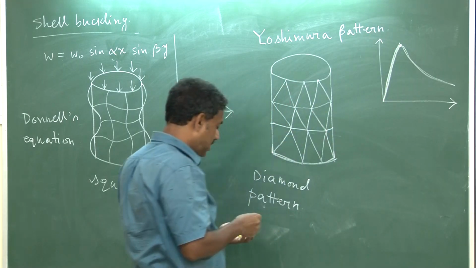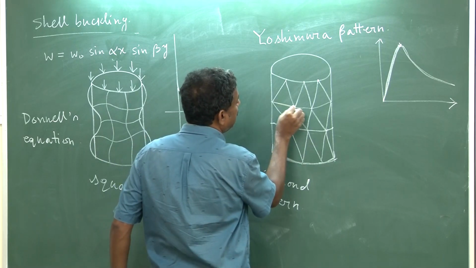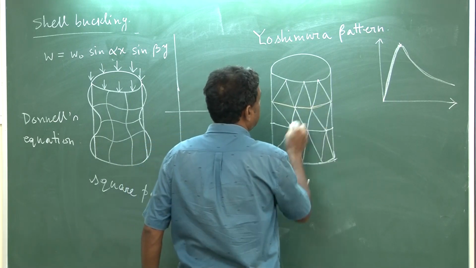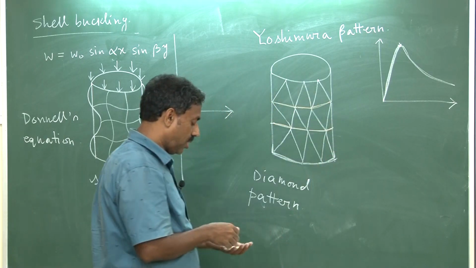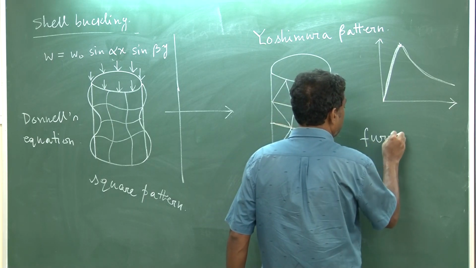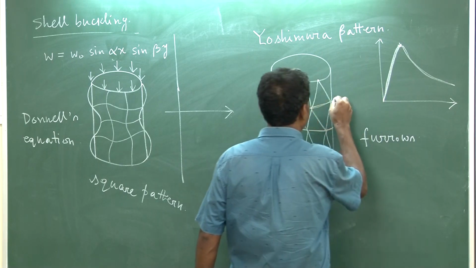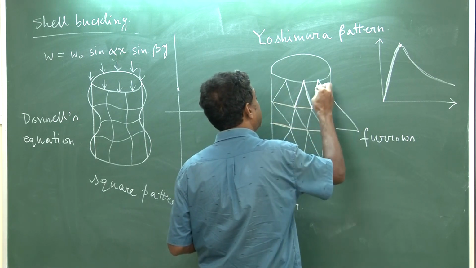This pattern is a diamond-shaped pattern, and it consists of furrows, which are perpendicular to the longitudinal axis. These are furrows, and these inclined ones are called ridges.